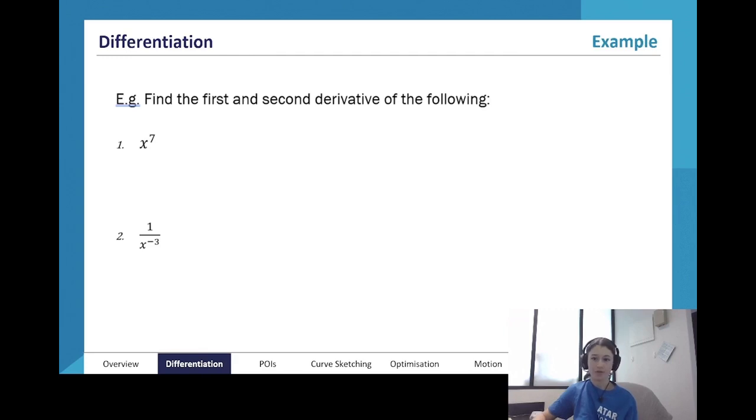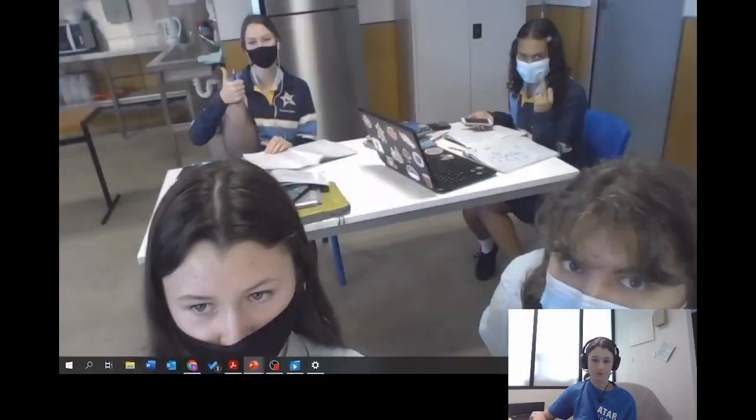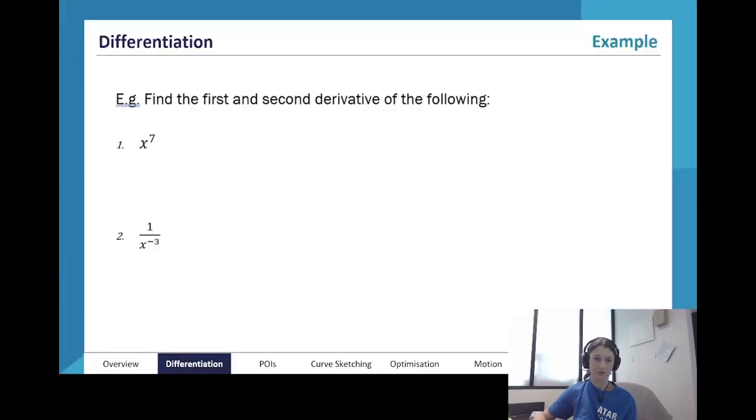Okay, now we're getting onto some examples of finding the second derivative. So in the first example here, we have the function x to the power 7. We need to find the first derivative. So remember the first derivative, we're just going to use our power rule.